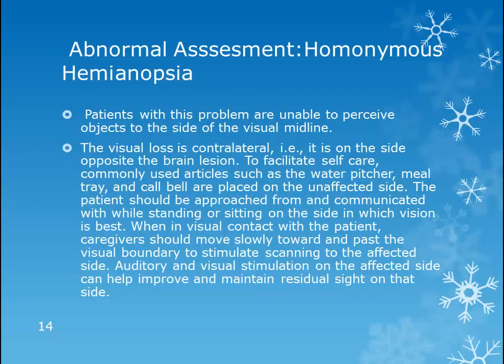The patient should be approached from and communicated with while standing or sitting on the side in which vision is best. When in visual contact with the patient, caregivers should move slowly toward and past the visual boundary to stimulate scanning to the affected side. Auditory and visual stimulation on the affected side can help improve and maintain residual sight on that side.